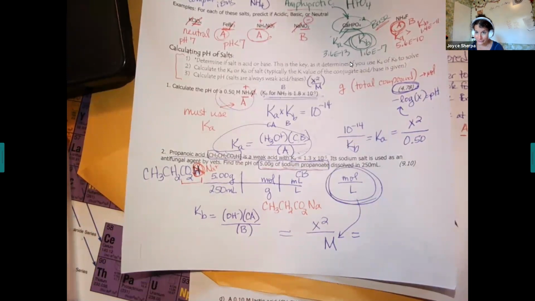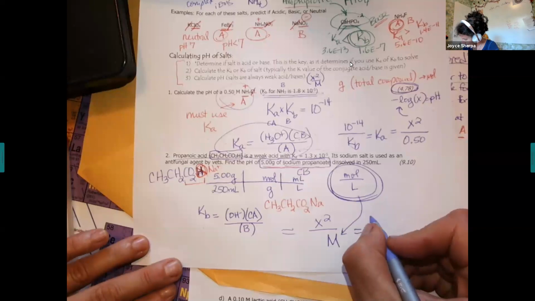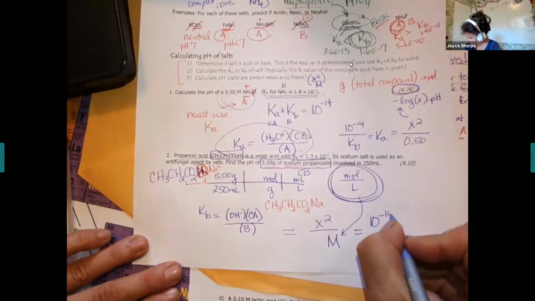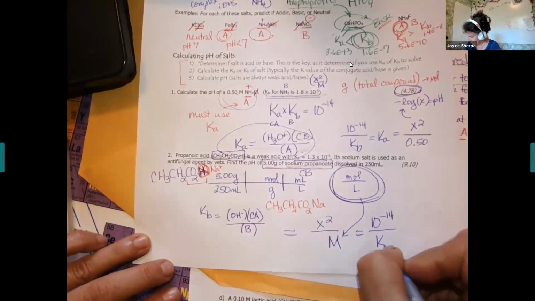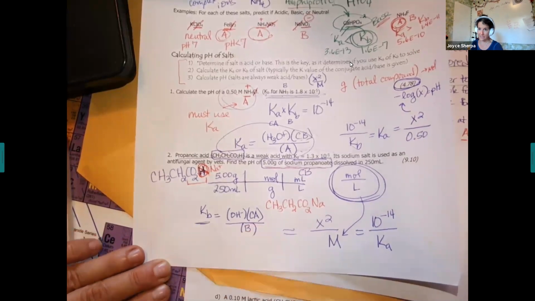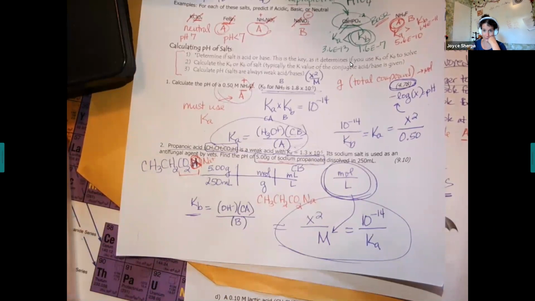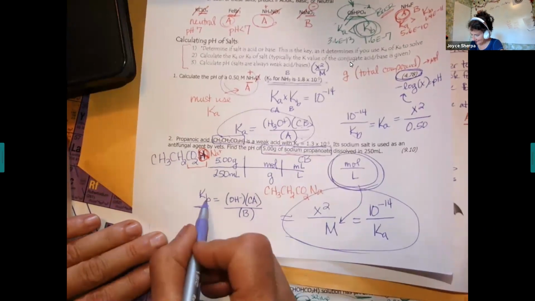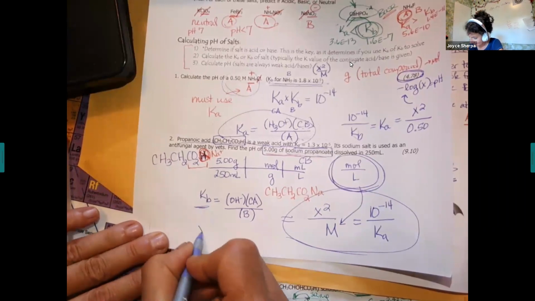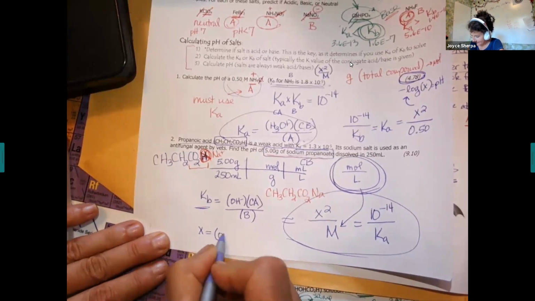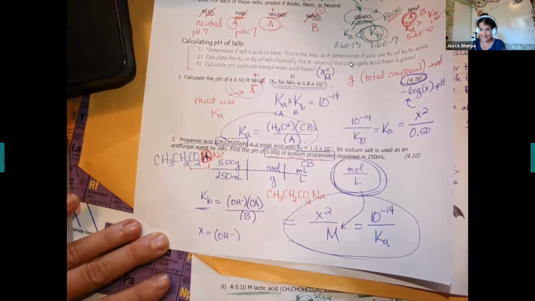You're not going to finish in the time limit that you are given. So 10 to the negative 14 divided by the Ka will give you the Kb. And so that's what you would do. Just one more piece. Once you find X, if it's a Kb, X is the hydroxide. I said this yesterday.